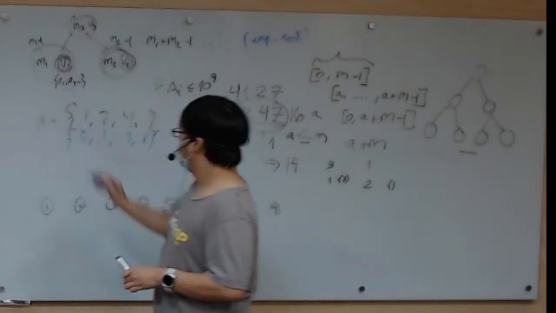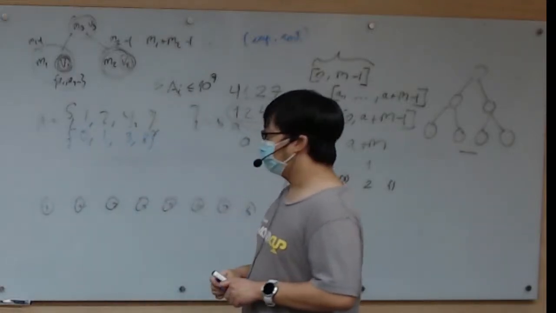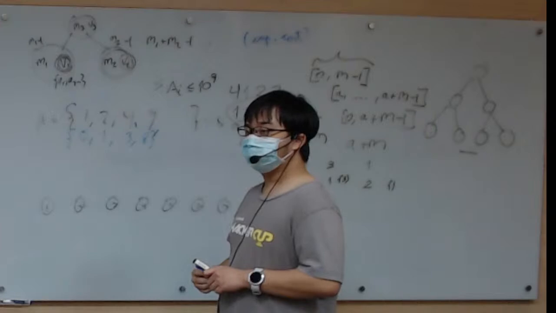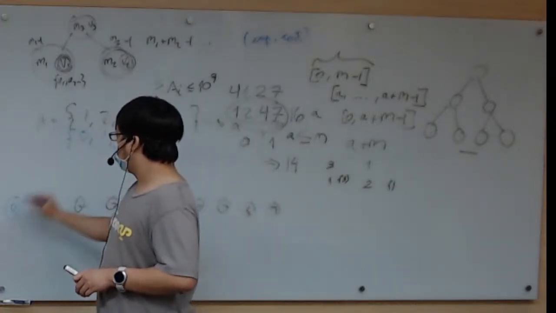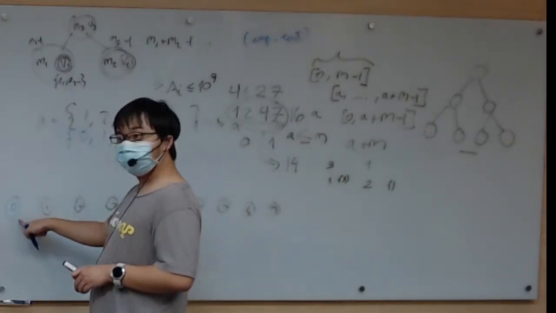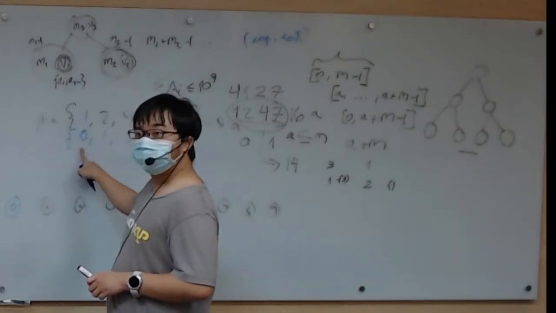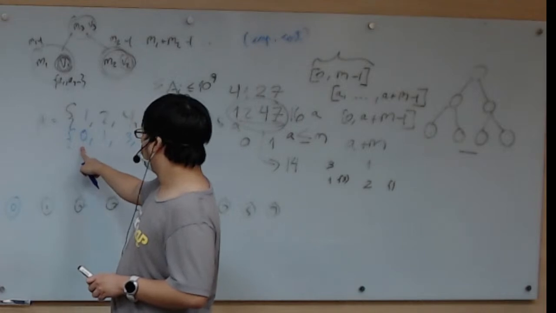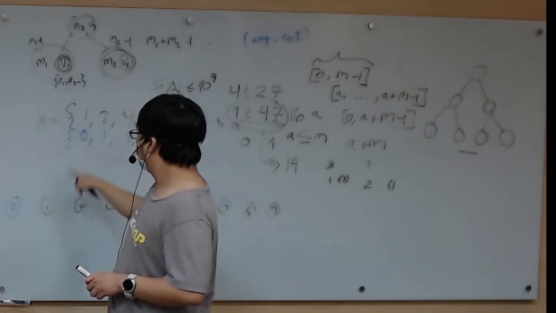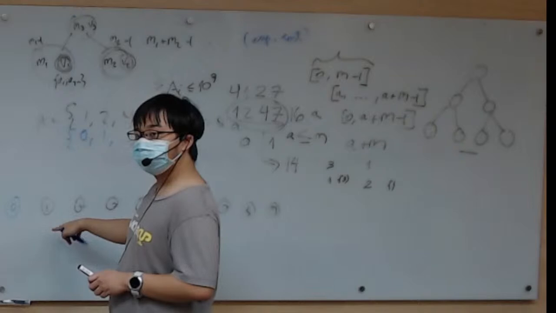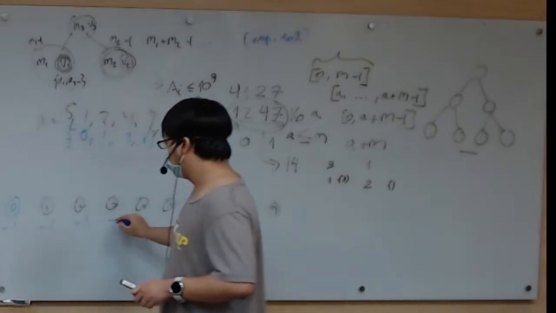I mean, in the segment tree, at the beginning, you have a minus 1 in each leaf.